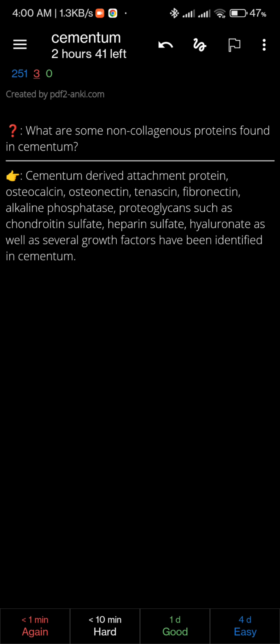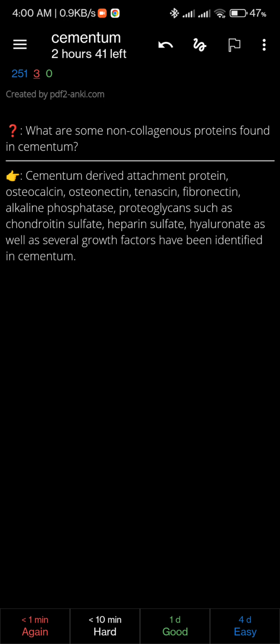We have cementum derived attachment proteins, such as osteocalcin, osteonectin, fibronectin, alkaline phosphatase, proteoglycans such as hyaluronate, chondroitin sulfate, heparan sulfate, as well as growth factors.